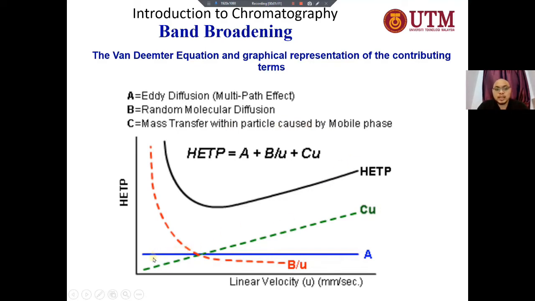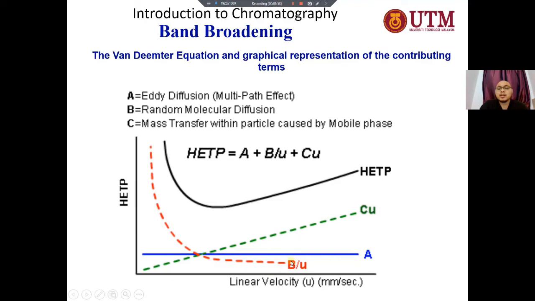If we look at A, eddy diffusion or multiple path effect, if the peak broadening is caused by eddy diffusion, regardless of any increase in the velocity or flow rate of the mobile phase, it will not change the peak broadening. It will not improve or decrease the effect of peak broadening. B is the random molecular diffusion.